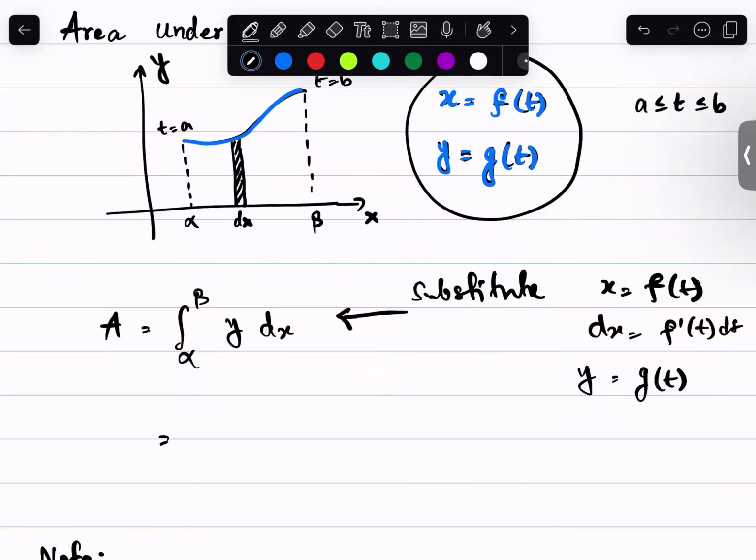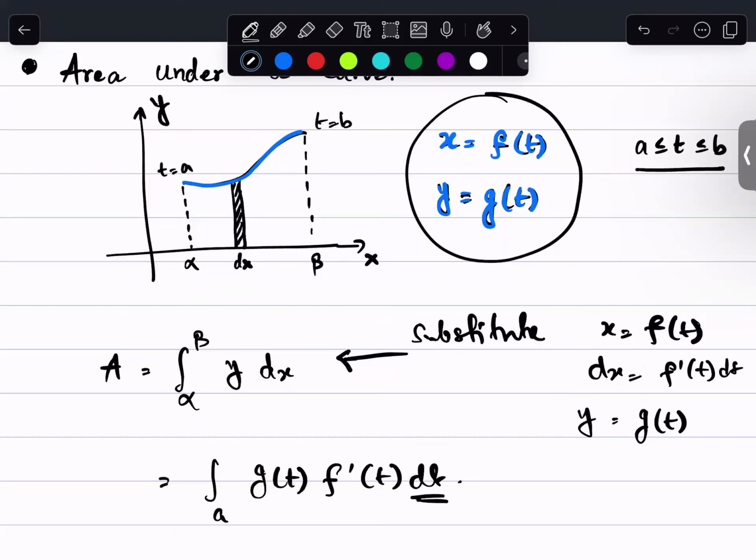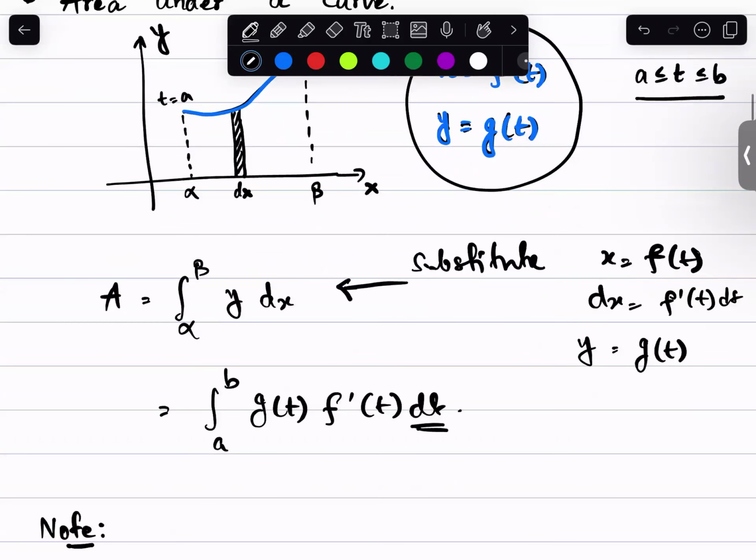If I substitute all of that, I'll get g(t) f prime(t) dt, right? And now the integration will be on t, so the range of t from a to b will be my limit. Okay, as simple as that.